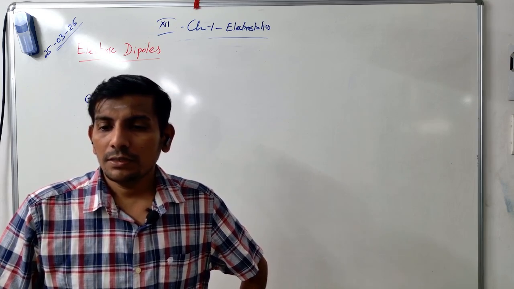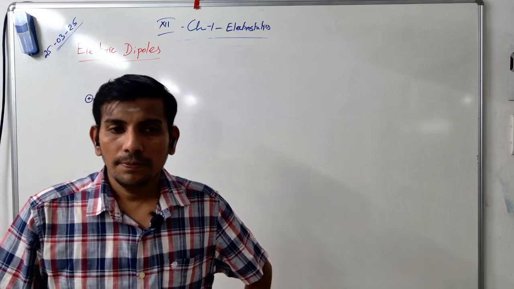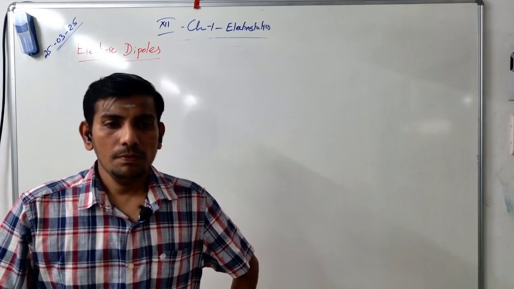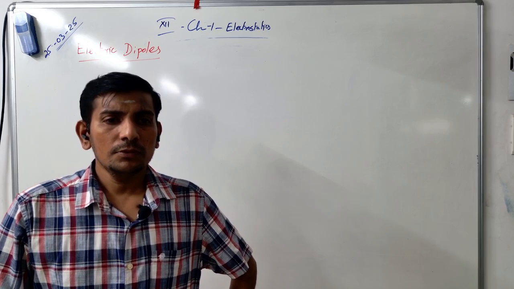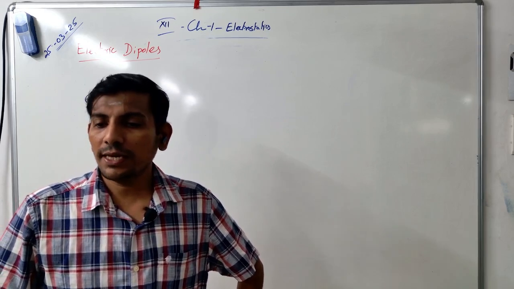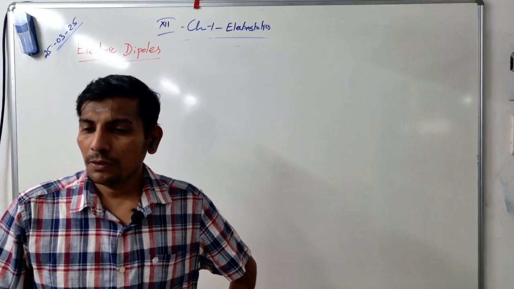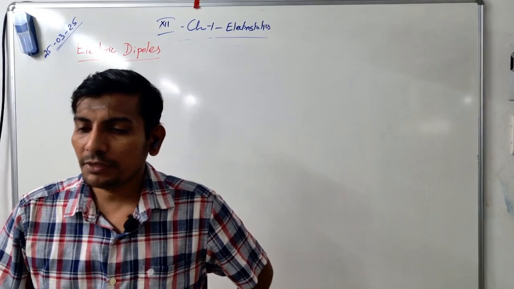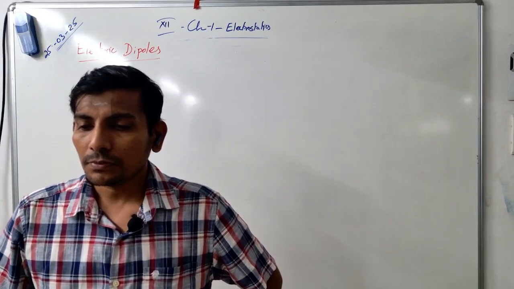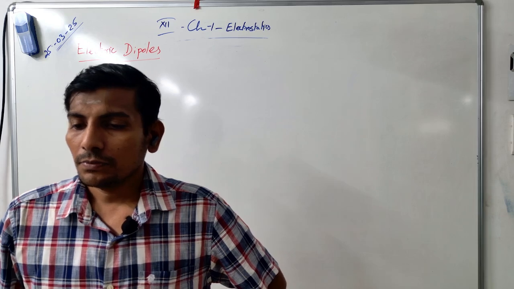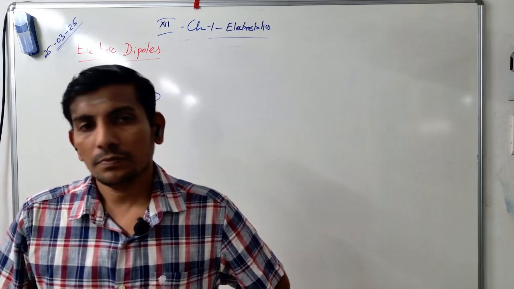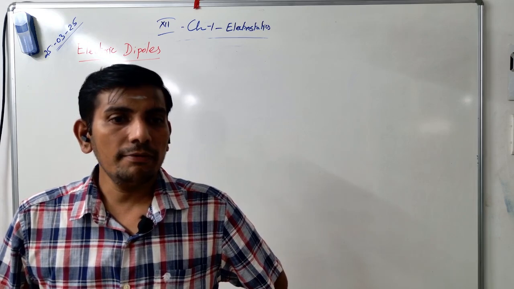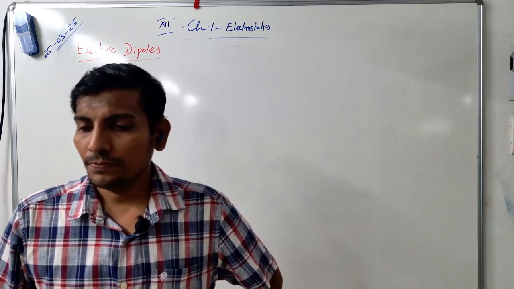Where you can see this is an important 1 mark question. Generally, they ask you to draw the field line picture of an electric dipole. Michael Faraday introduced this method to us.